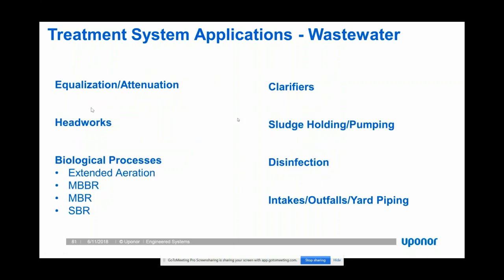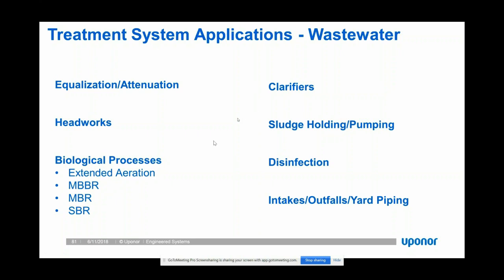So for wastewater, I mentioned equalization and attenuation. Headworks is a fantastic application for HDPE because of its resistance to hydrogen sulfide gas. You can incorporate HDPE into the design for your screens, and then your biological processes. Any type of process you can think of. I can't list all the proprietary processes out there, but things like extended aeration, MBBR, membrane bioreactors, and sequential batch reactors are all options where this tank could be applied depending on the size of your treatment facility.